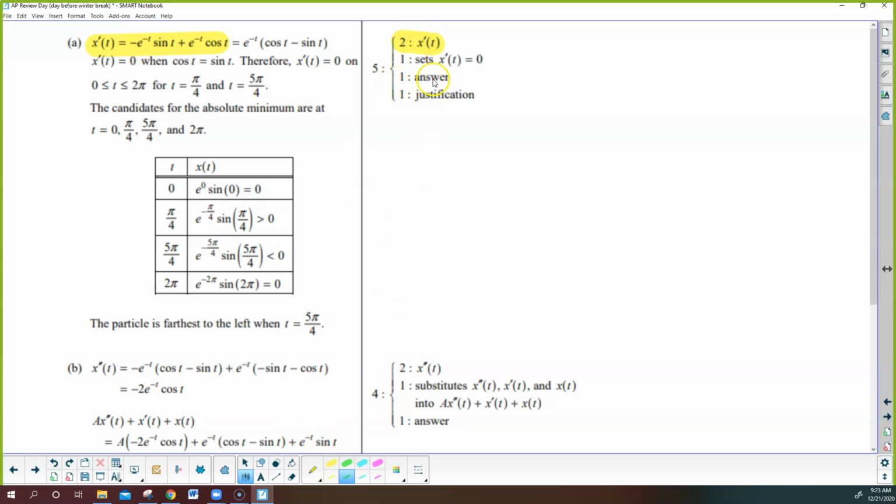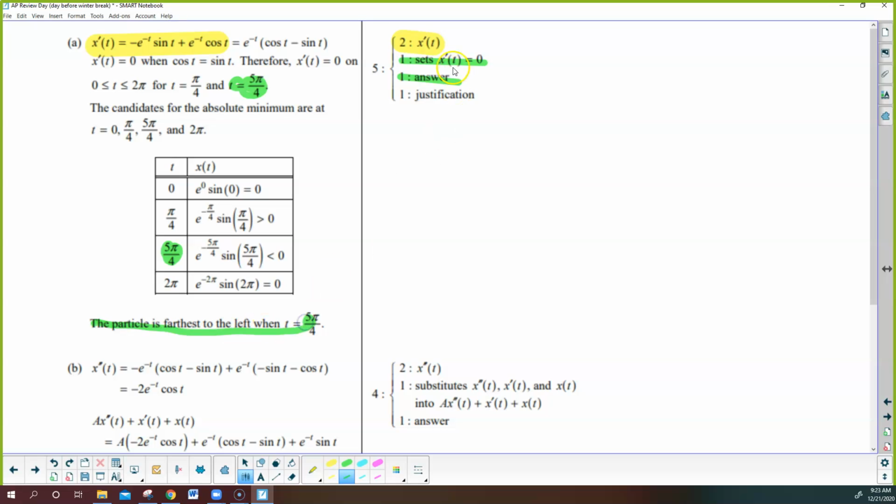If you set it equal to 0, they didn't show that work, but if you set it equal to 0, you got 1 point, and then if you answered it correctly, and you found out that 5 pi over 4 is the minimum, and then your justification is really the work that you're showing.